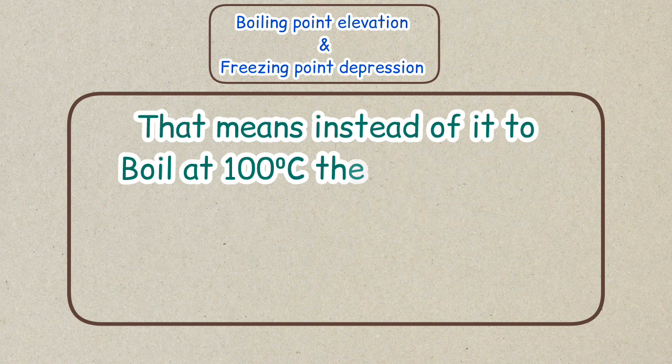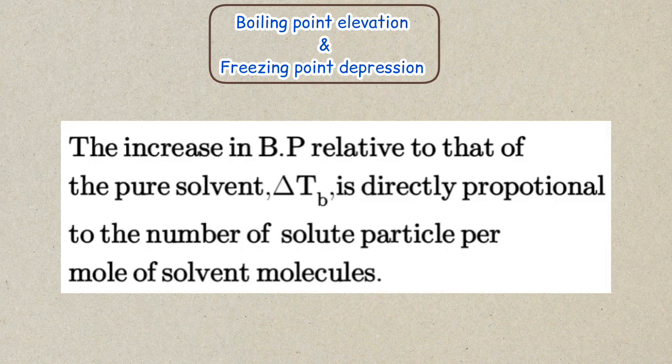So we could say that the increase in the boiling point relative to that of the pure solvent, that's the change in the boiling point temperature, is directly proportional to the number of solute particles per mole of the solvent molecules.